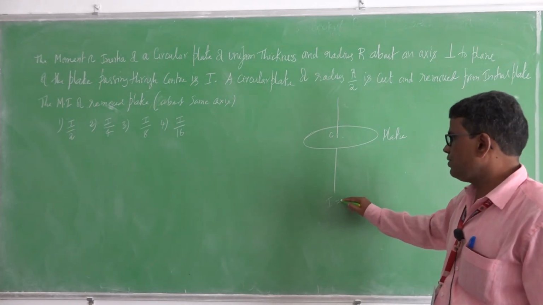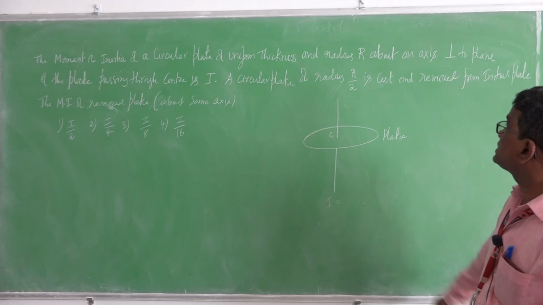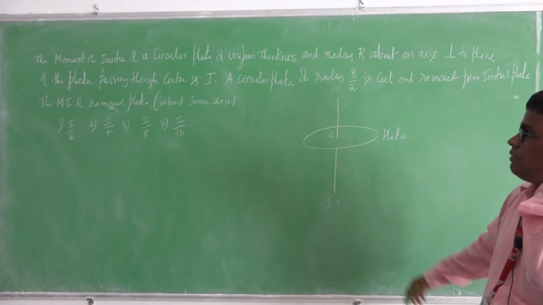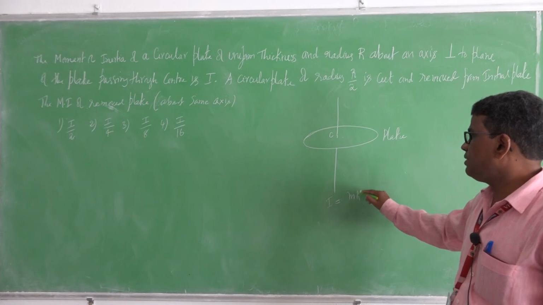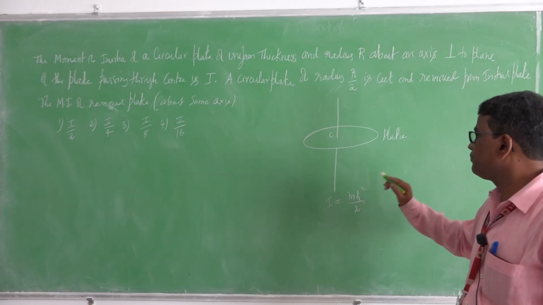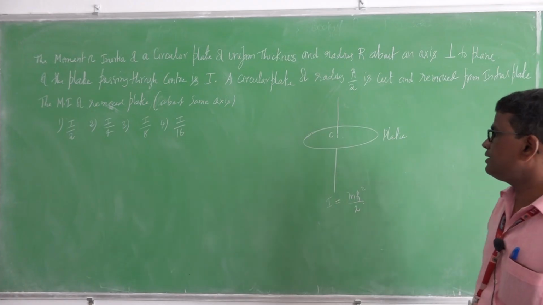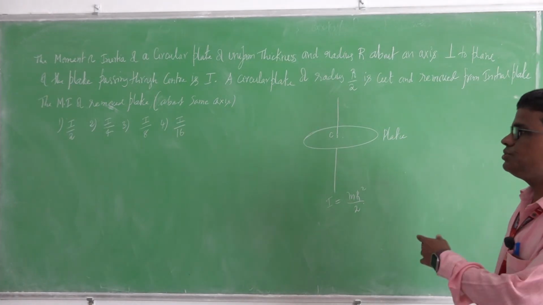We have I about this axis passing through the plate from the center is I. So we have I equals m r square by 2, where m is the mass of the plate and r is the radius of the plate as usual.